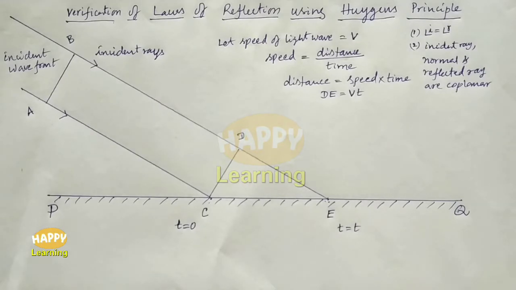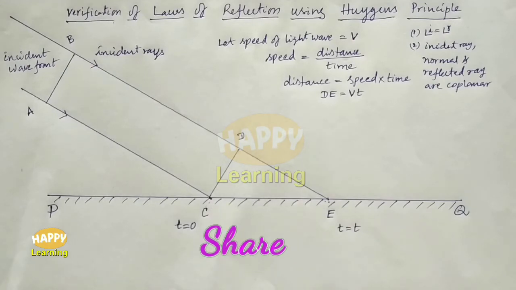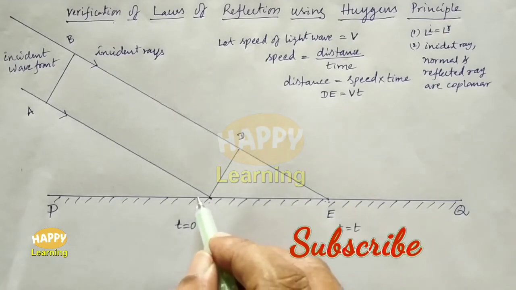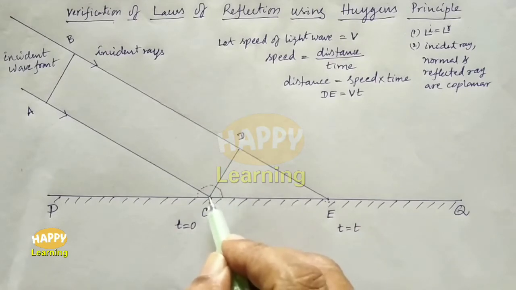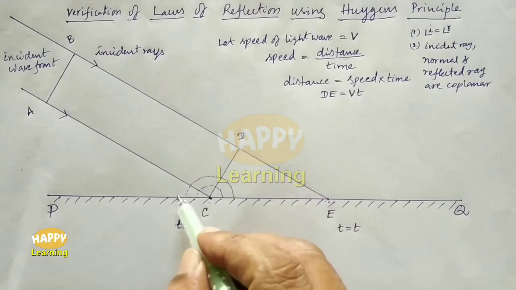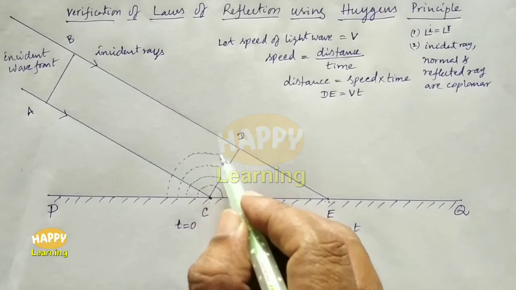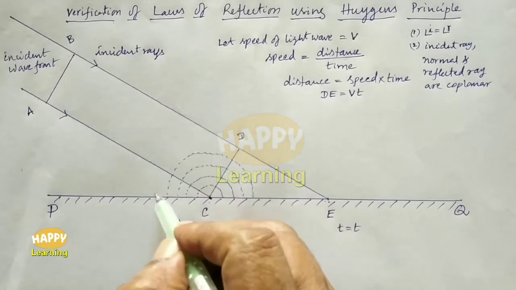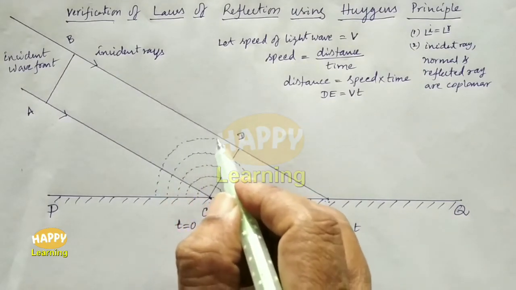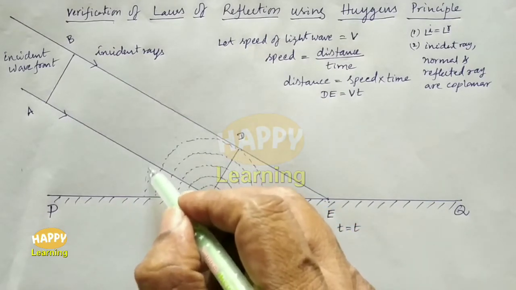According to Huygens, every point on the wavefront behaves like a secondary source of disturbance. It starts emitting wavefronts. So here this point C starts emitting wavefronts, and secondary wavelets are formed. That secondary wavelet may be spreading like this.